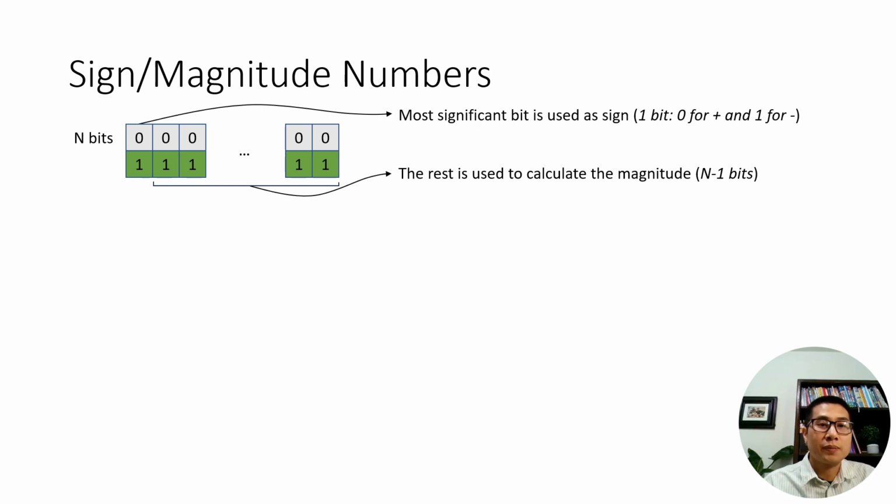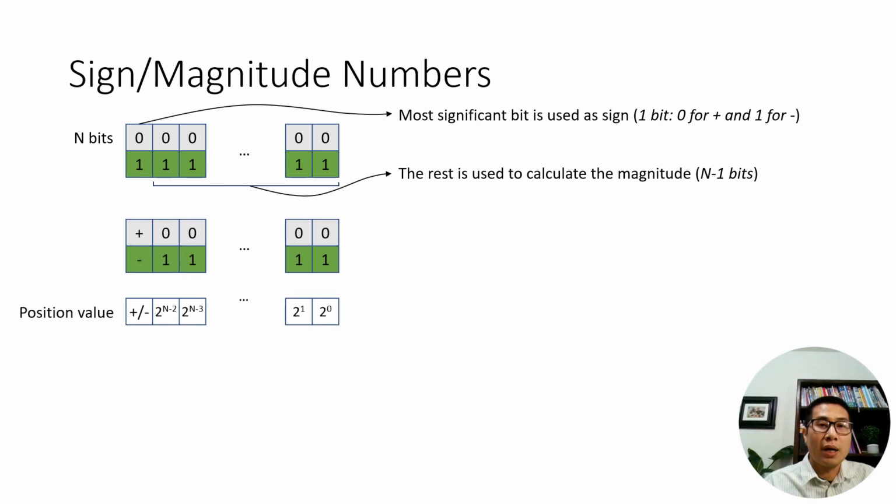So what happens is the most significant bit is going to be positive or negative, and the others are going to have the same positions. The first position is 2 power 0, the second is 2 power 1, and the next ones are 2 power n minus 3, 2 power n minus 2, and the most significant bit, the bit of 2 power n minus 1, is going to be used for the sign.